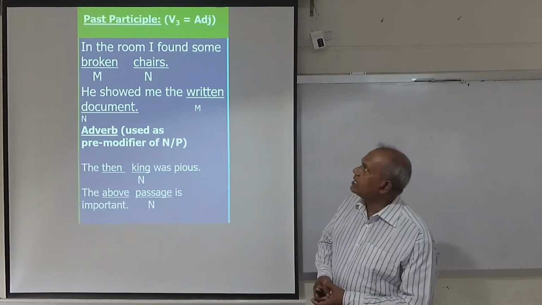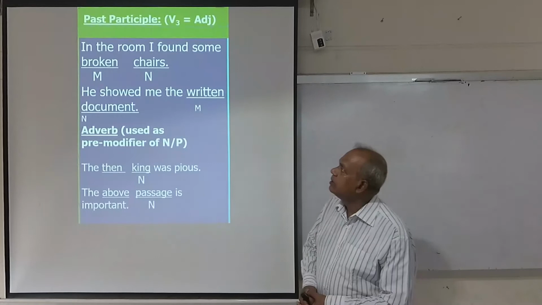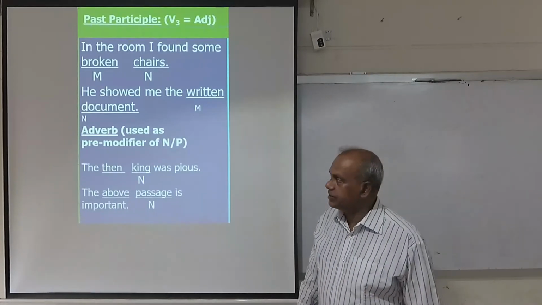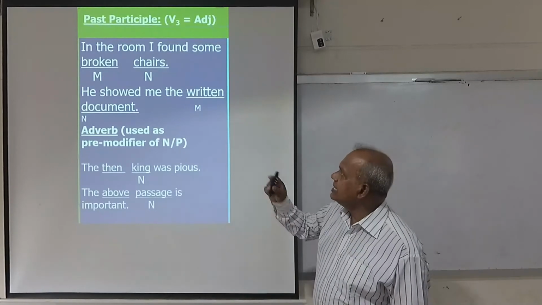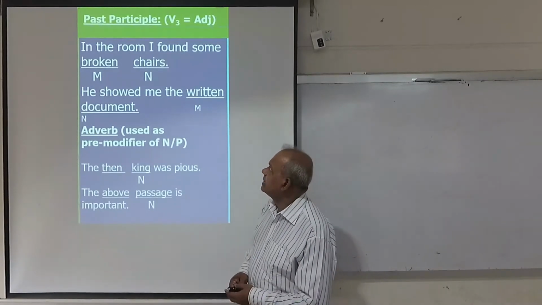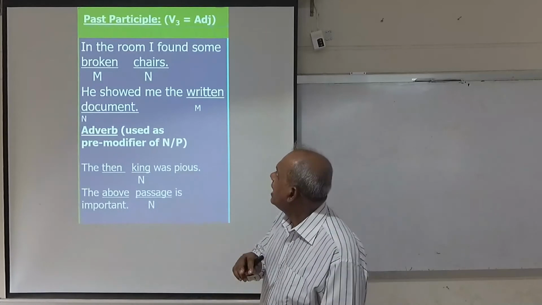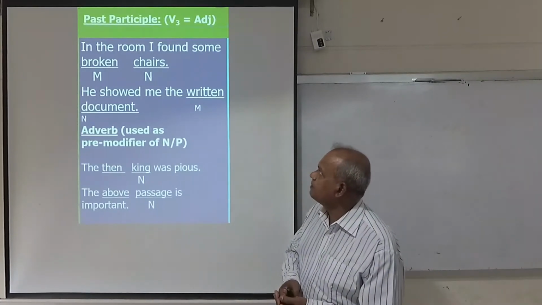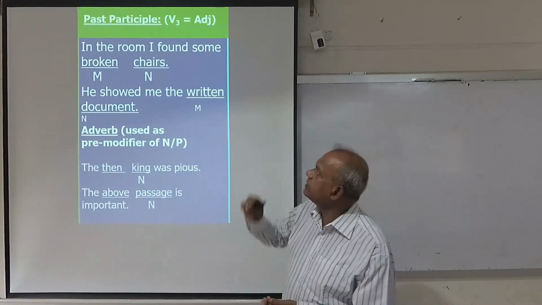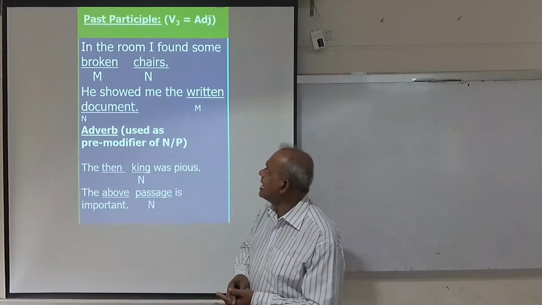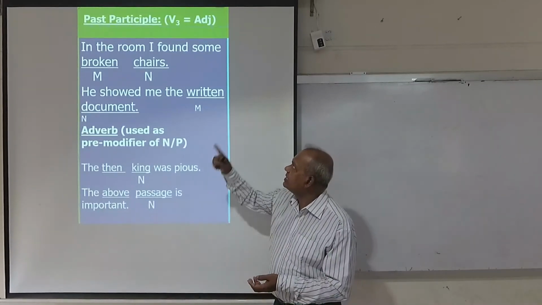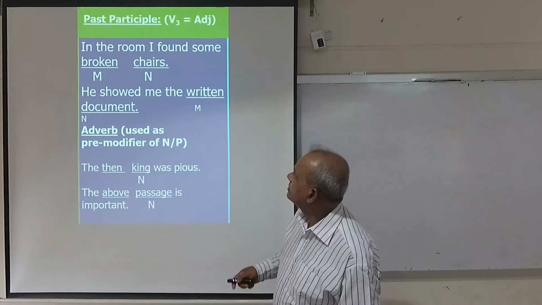So, we can see some examples. In the room, I found some broken chairs. Broken is a past participle, the third form of verb, and this broken is used here as an adjective, and it is used as a pre-modifier. It modifies the word chairs.